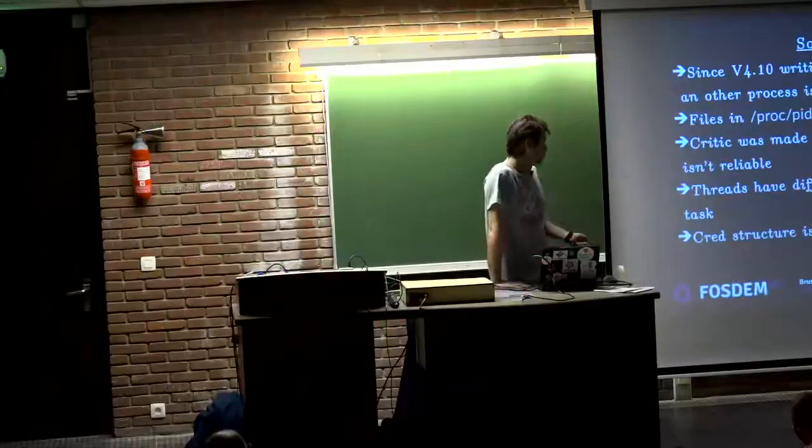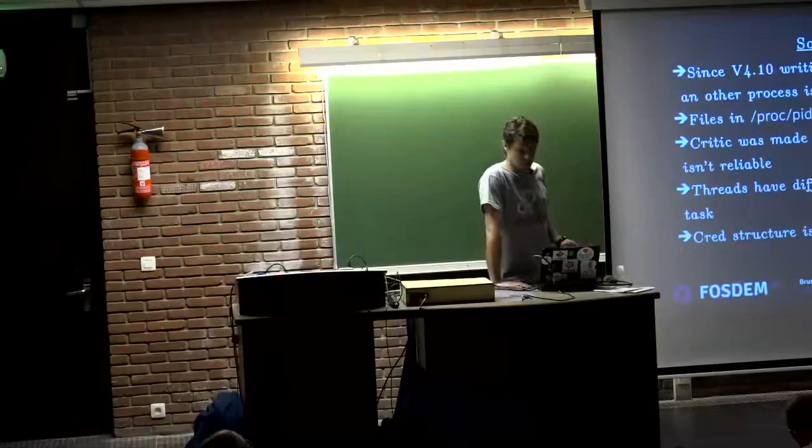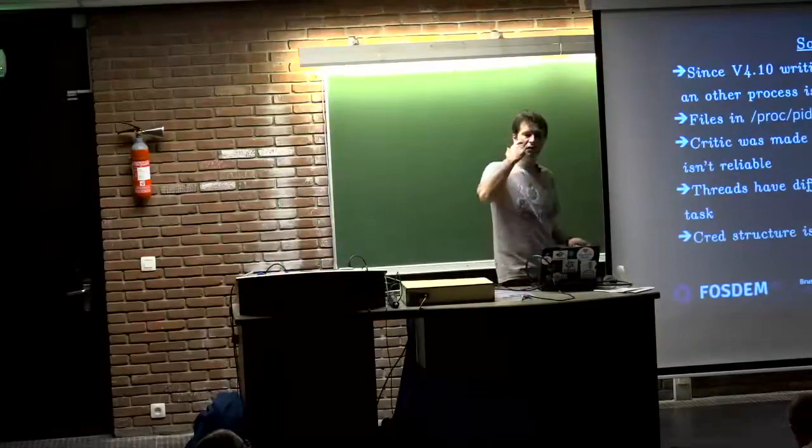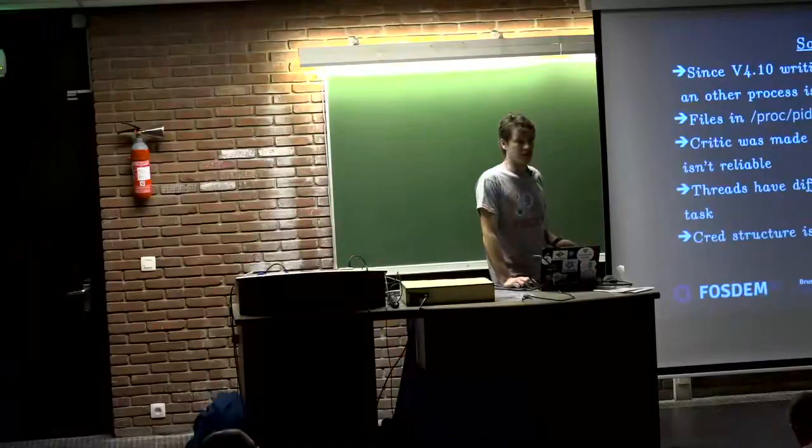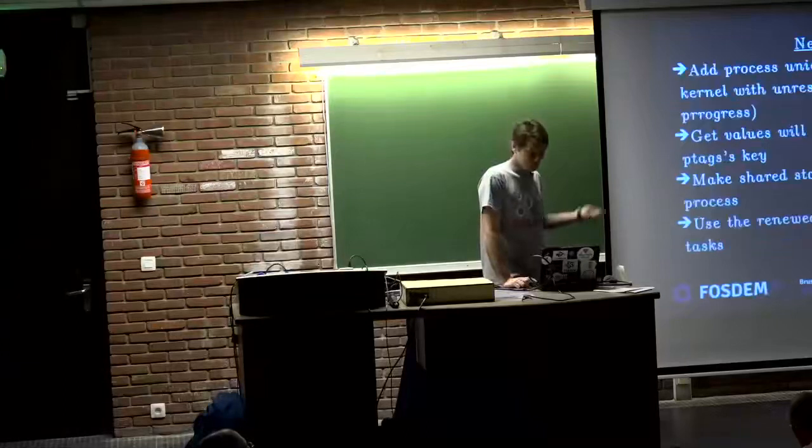And there is also the need to shift from the cred structure to the task structure, but it's an ongoing effort inside the kernel and the security module. That's also carried by the writer of Tomoyo. I don't remember his name, Tetsuo.